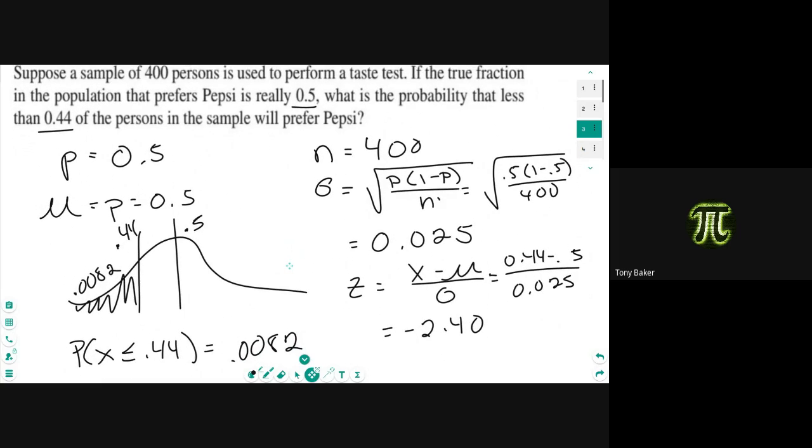Yeah, this is a 44% or less. So in this problem, they just want to figure out what's the probability that would occur. If I did another random sample of 400 people, what's the probability that less than 44% of them is going to prefer Pepsi. What we're going to do later is use that to actually determine what's the chances of this happening, and is my initial statement incorrect or correct.